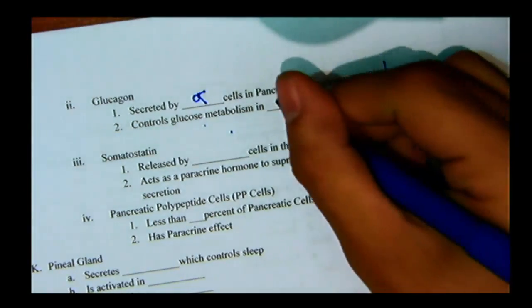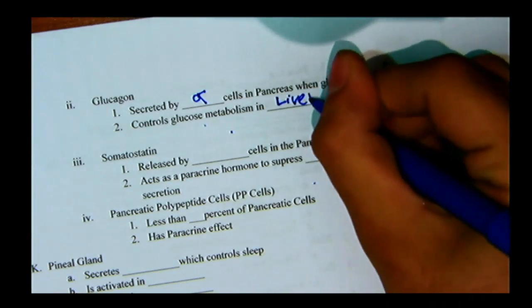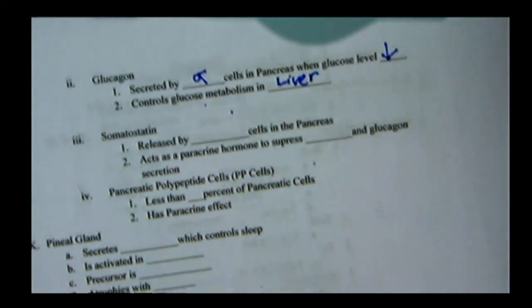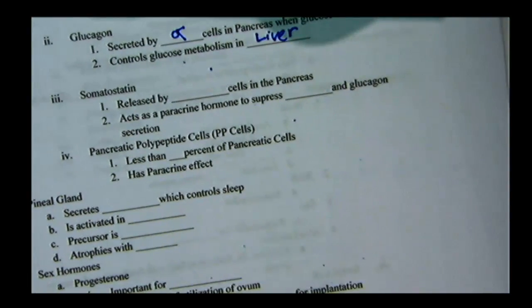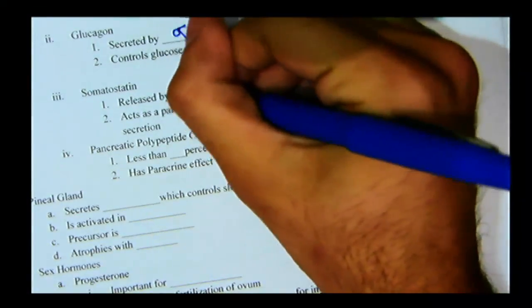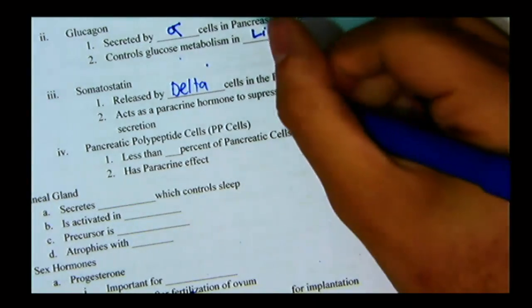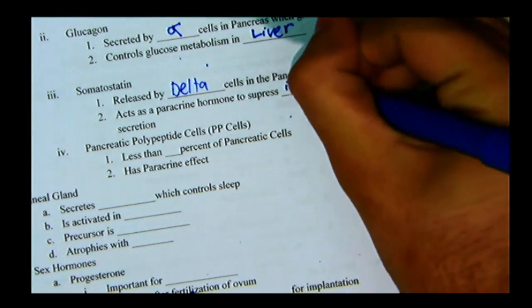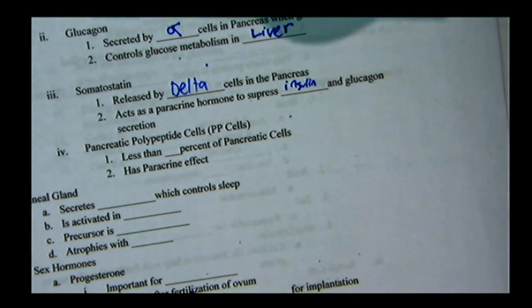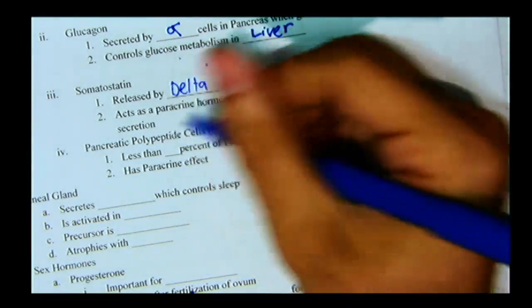We also have somatostatin, released by which cells in the pancreas? Awesome. It acts as a paracrine hormone to suppress insulin and glucagon. Pancreatic polypeptide cells, or PP cells, are less than what percent of pancreatic cells? You guys just remember those numbers so easily. And it has paracrine effect.